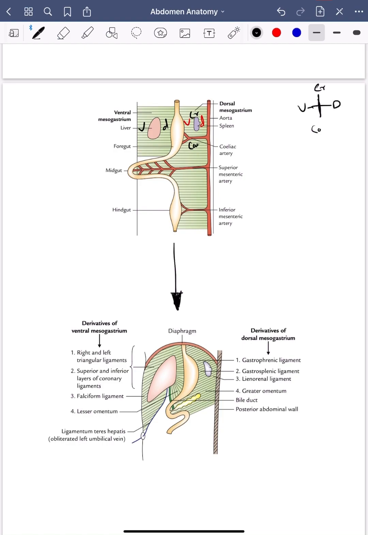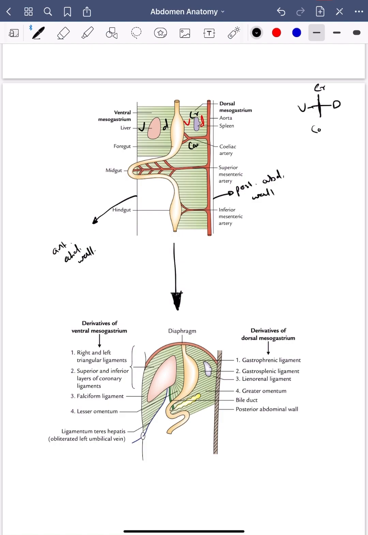Next we're going to talk about the derivatives of the ventral mesogastrium and the dorsal mesogastrium. Now this is the posterior abdominal wall, and this here is the anterior abdominal wall.